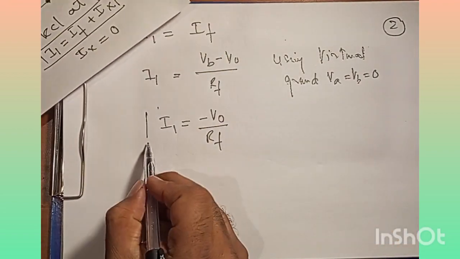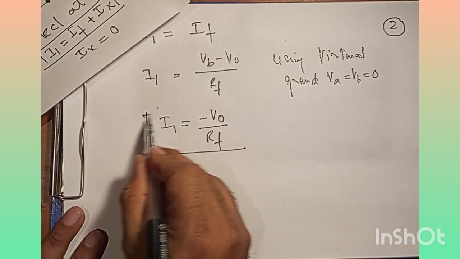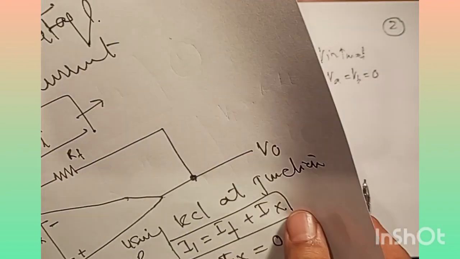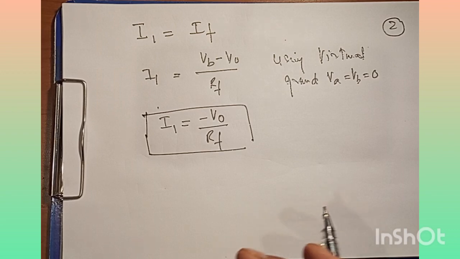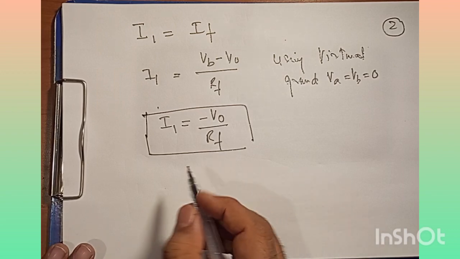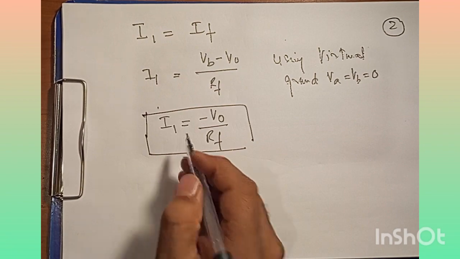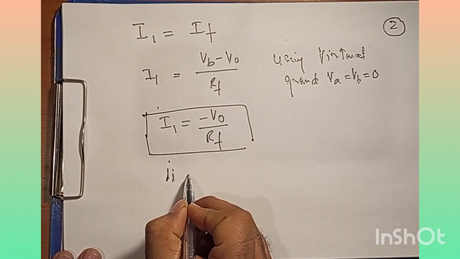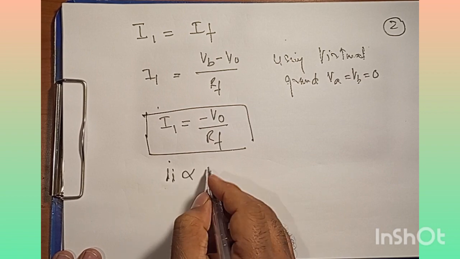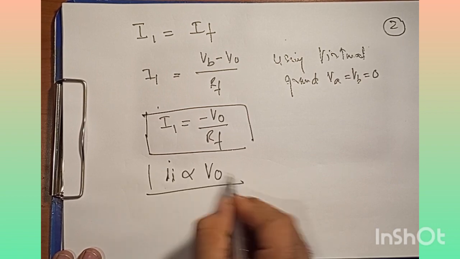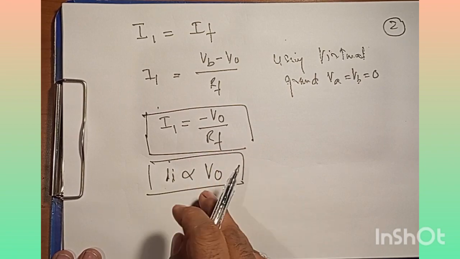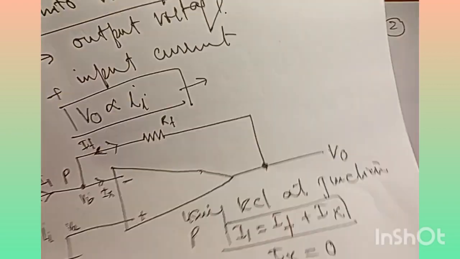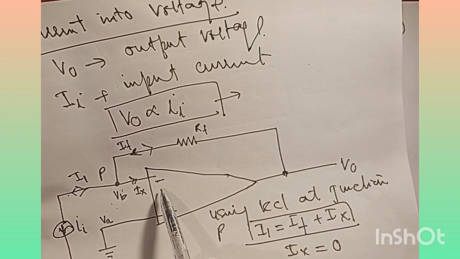Okay, so this will be I1. Now, what is I1 here? This I1 is the input current, and we can see that I is proportional to V out. Now, this negative sign is a consequence of applying the input signal to the inverting terminal of the operational amplifier.